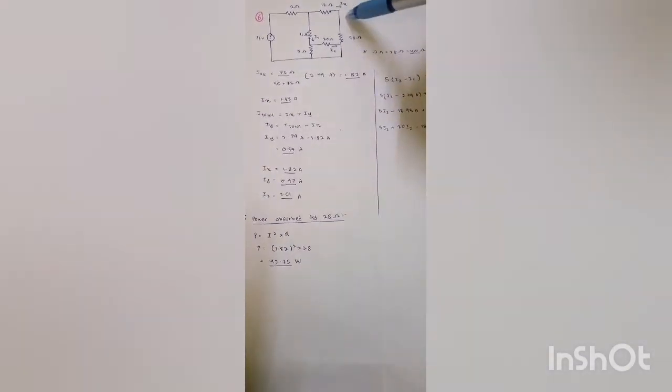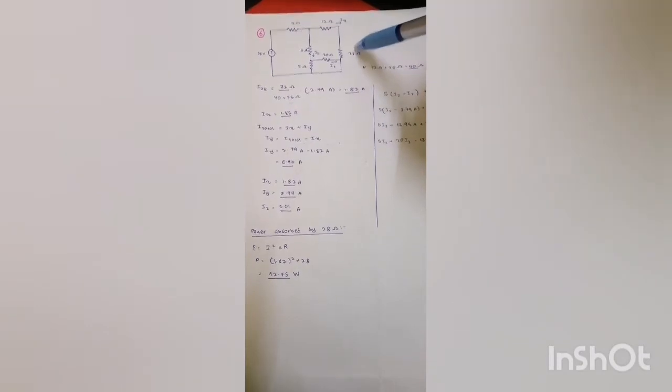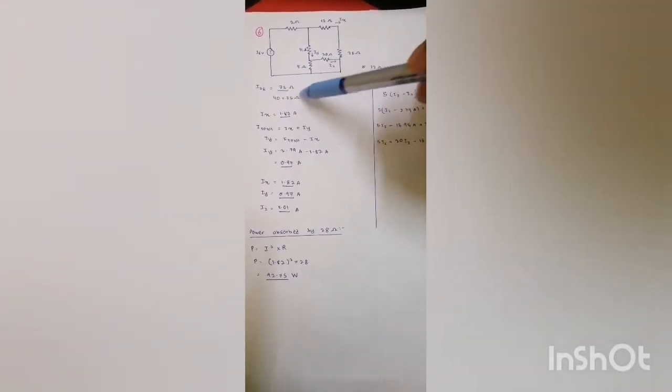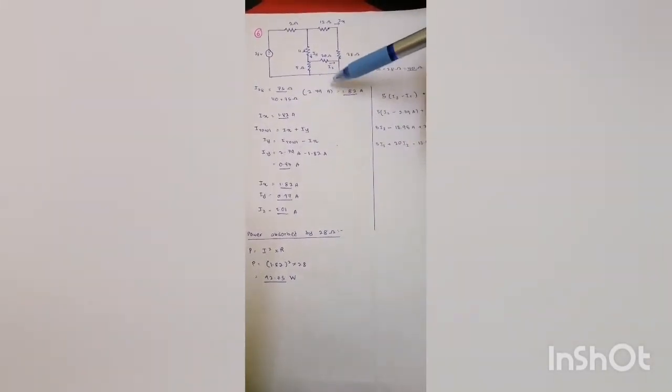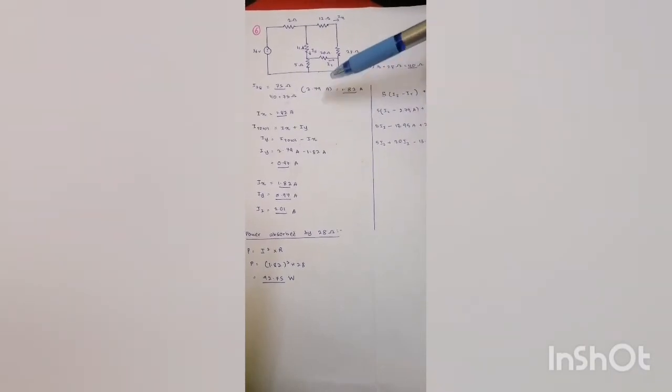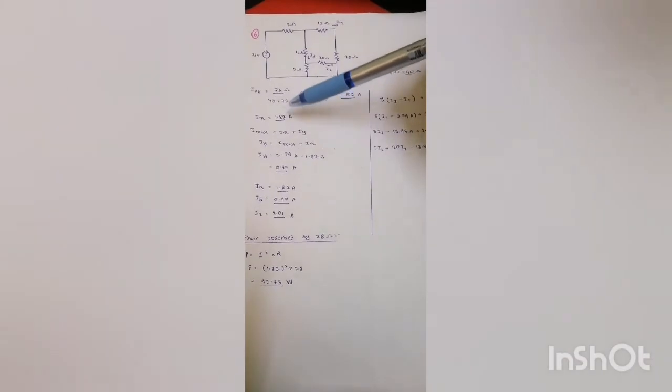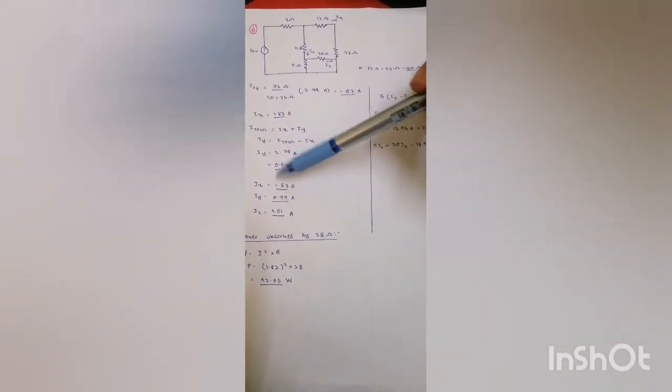After we calculate the I total, I28, which is I want to find this Ix, it flows through the 28 ohm, so I28 equals 75 ohm over 40 plus 75 ohm, multiplied by 2.79 ampere, so we will get 1.82 ampere. That means that Ix equals 1.82 ampere.